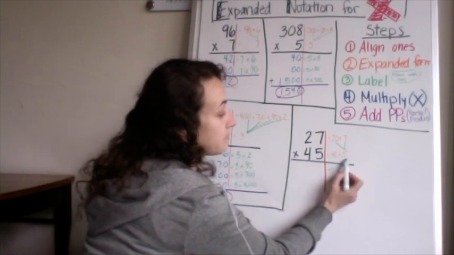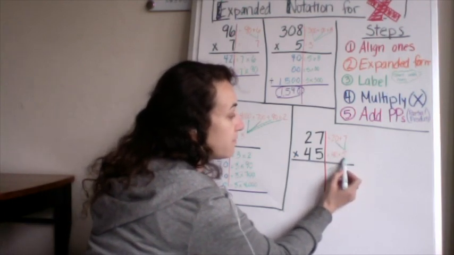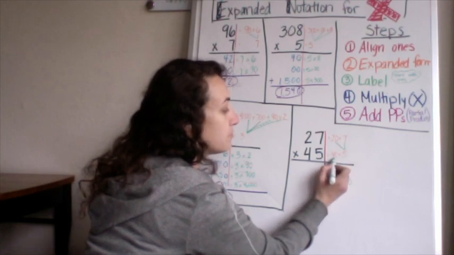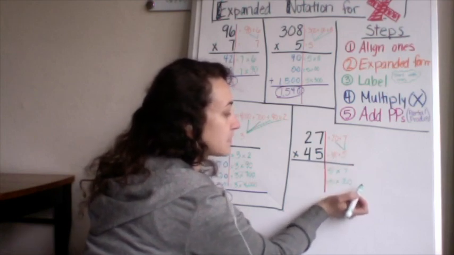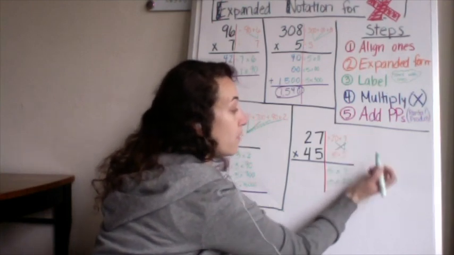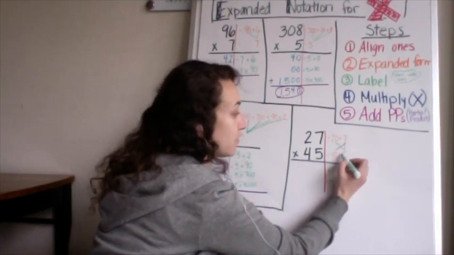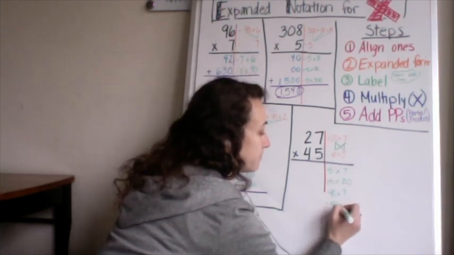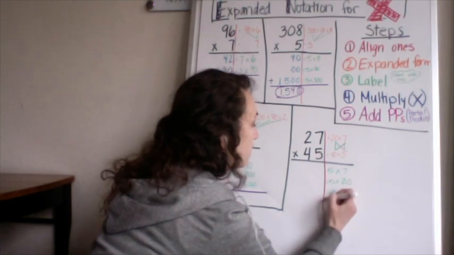Now that I've gotten my label done for the 5s, I'm going to move over to my tens place. And again, I'm going tens to my ones. I always start in that ones place when I'm multiplying. 40 times 7, and I'm going to go 40 times 20.